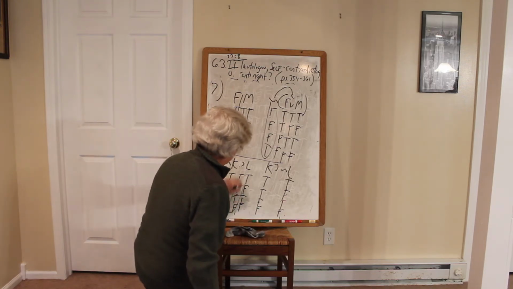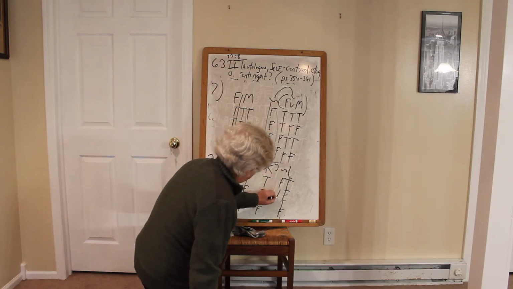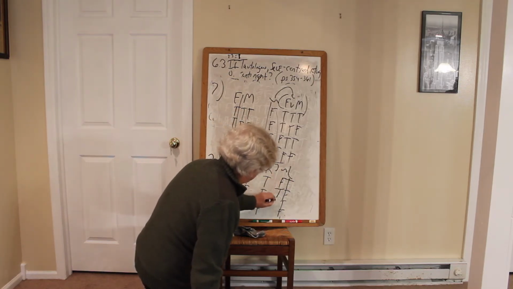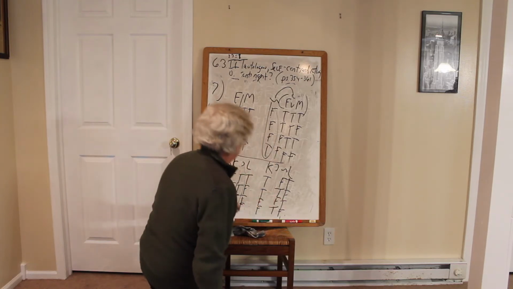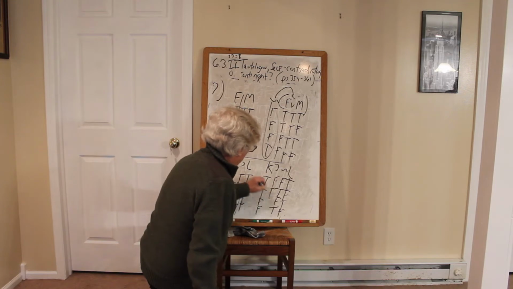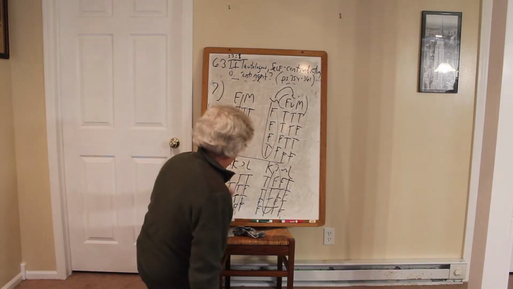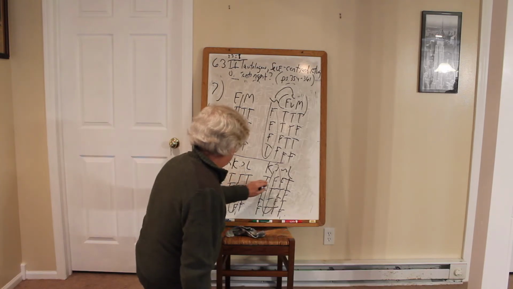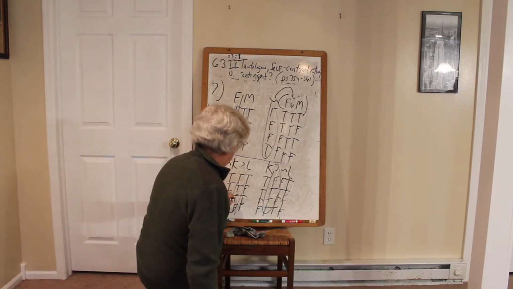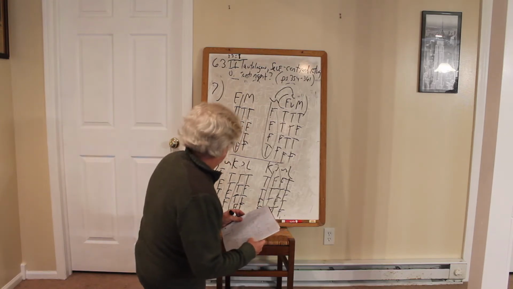I know I'm going to need that, so I'll circle that. Not L: F, not F is T, not T is F, not F is T. T implies F is F, T implies T is T, F implies F is T, F implies T is T. What do we know about these values? Well, T and F, T and T, T and T, F and T. Are they T on any one row?